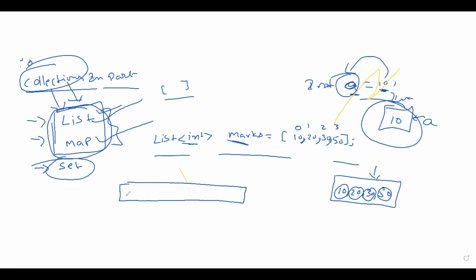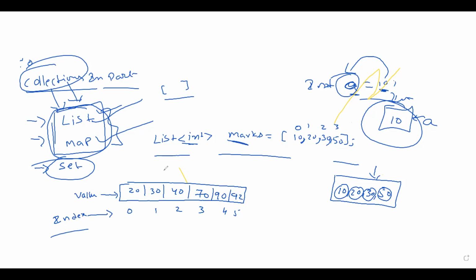The collection of items 20, 30, 40, 70, 90, 92, for example. These are the values, and 0, 1, 2, 3, 4, 5 is the index.